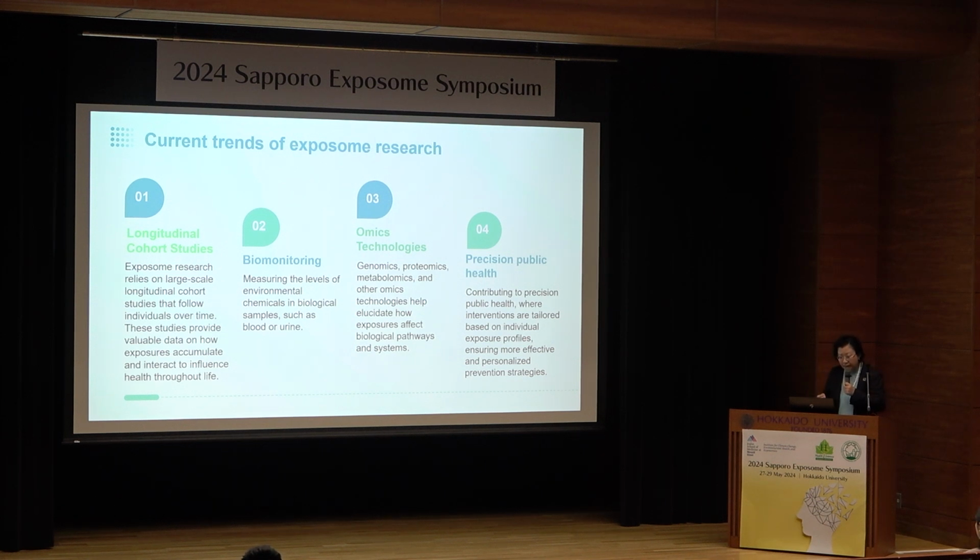And also, I'm really keen on the application as well, because this result has been applied to precision public health. With the identification of exposures more precisely, the intervention could be tailored based on individual exposure profiles, which ensures more effective and personalized prevention strategies.